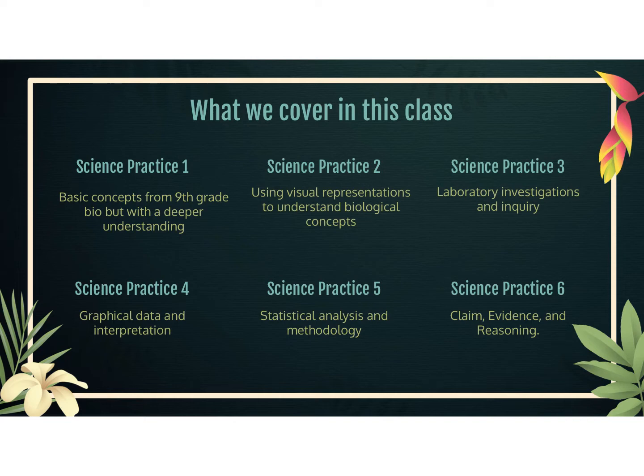You need to know the specifics of where each process takes place, the role of enzymes, and how we can use these two processes to show common ancestry. So Science Practice 1 is a lot of review material of what you've learned, a lot of the vocabulary, a lot of the concepts, but we are going to use that and make connections across multiple fields of science.